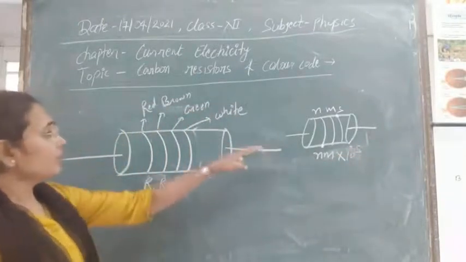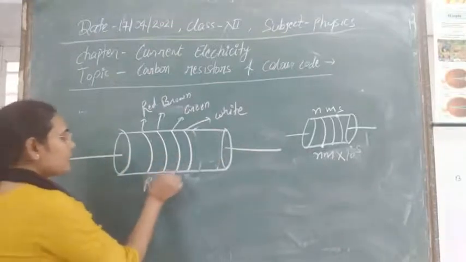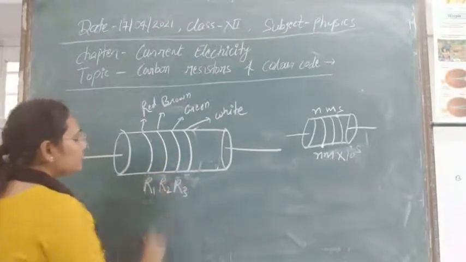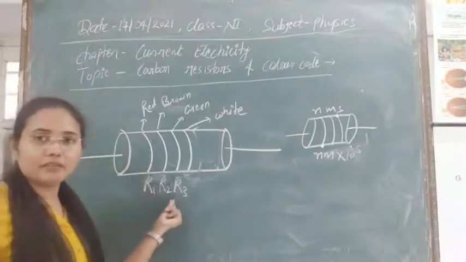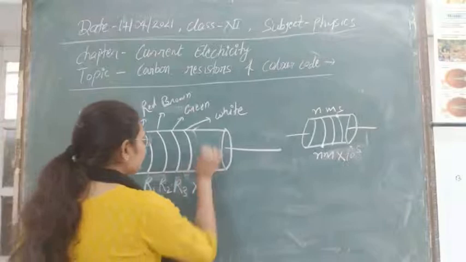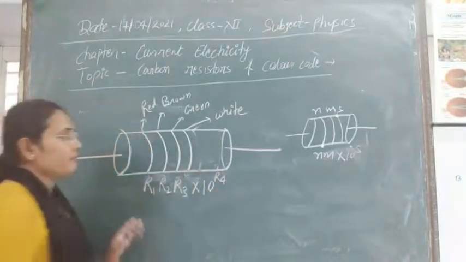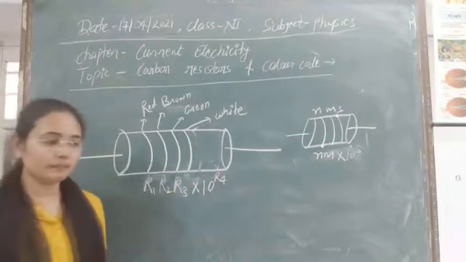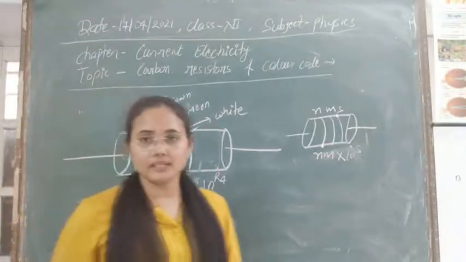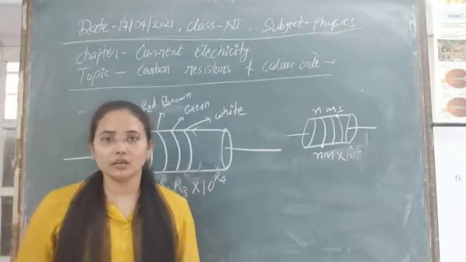In the same way, if we have 4 colors, for the first 3 colors we will use their numbers and write them in this way, and after that we will write the multiplier for the fourth one. So this is the way to find out the value of resistance in any circuit easily by using the color combination.